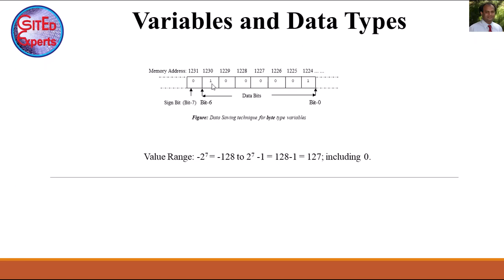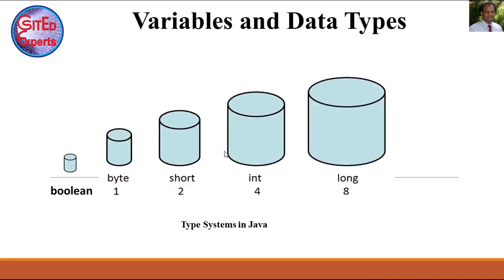And the maximum value it can contain, with all ones in the data bits, will be 2 to the power 7 minus 1, that means 127. So the range is from negative 128 to positive 127, including 0, and if all the data bits are 0, then it is 0.